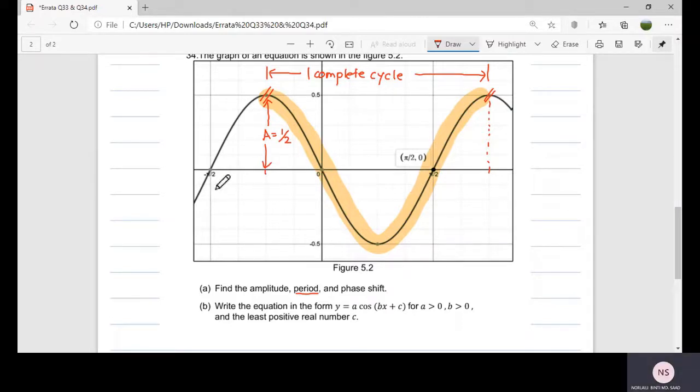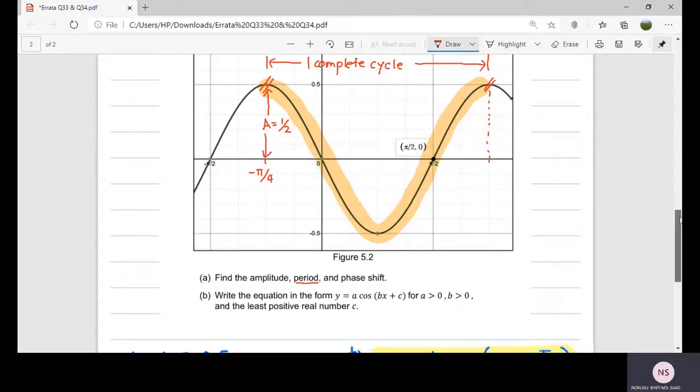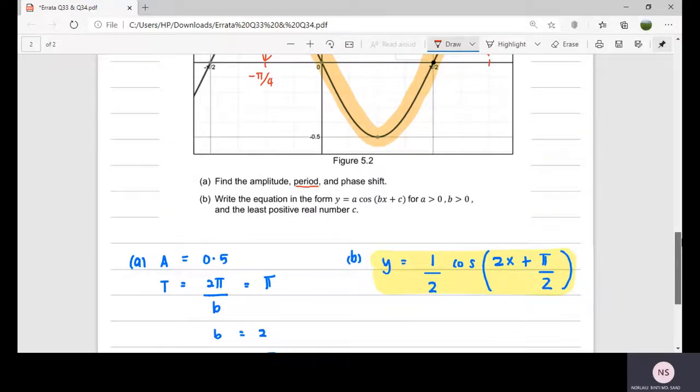This is the halfway of negative pi over 2, so it means that here we have negative pi over 4, or negative 45 degrees. And here, this is pi over 2, so here we have 3 pi over 4. Right, 3 pi over 4.